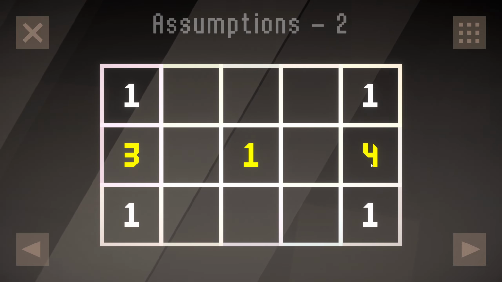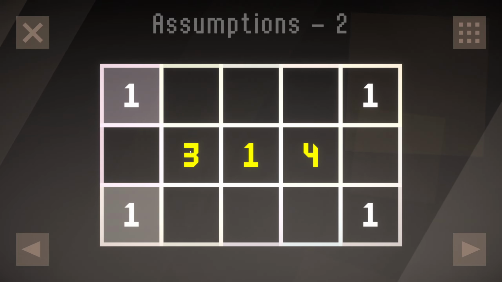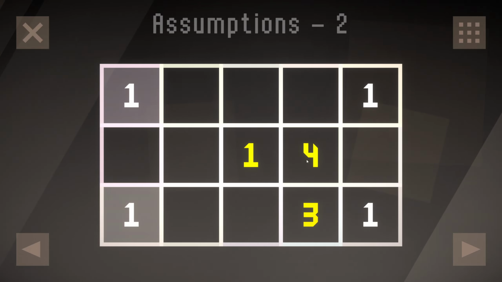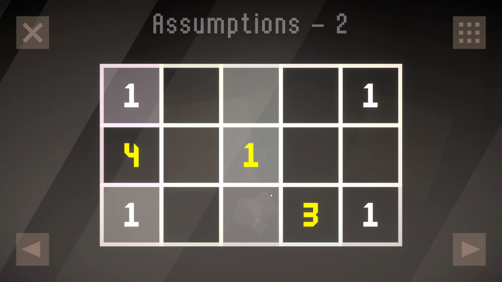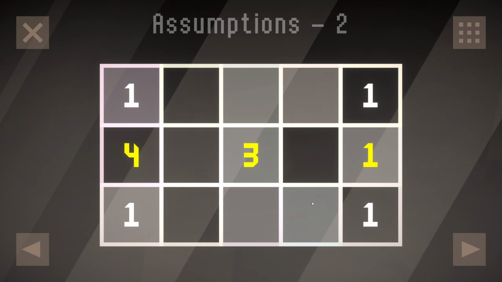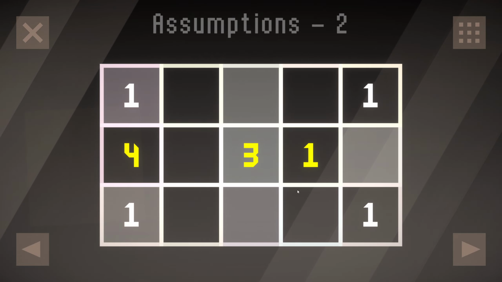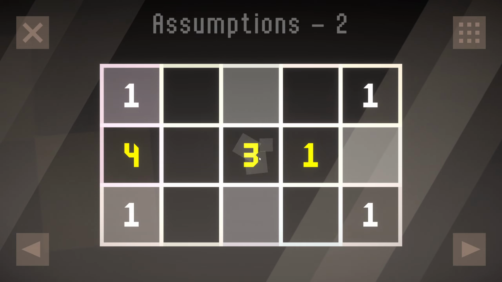Then we have similar assumptions here. So these need to be separate. And then we've got 4 and 3 and 1. How do I do 3 here?